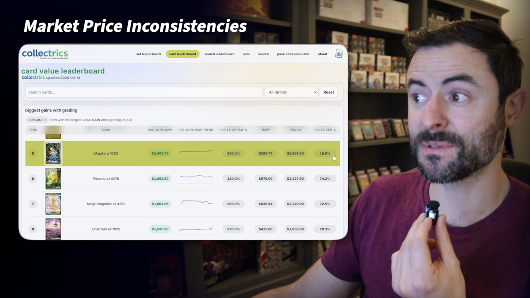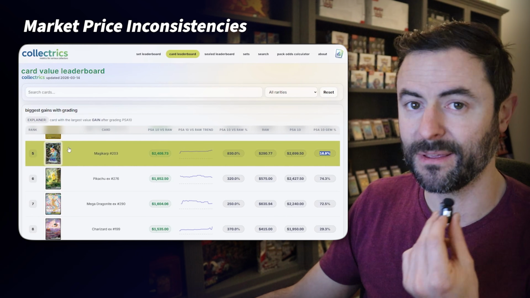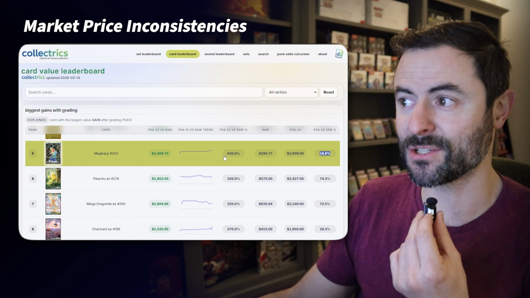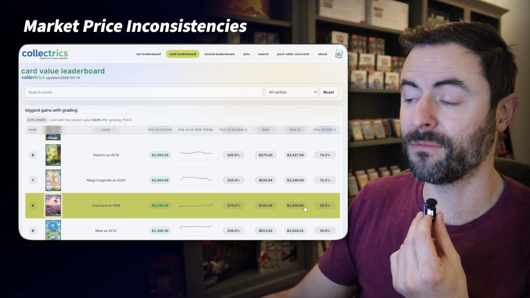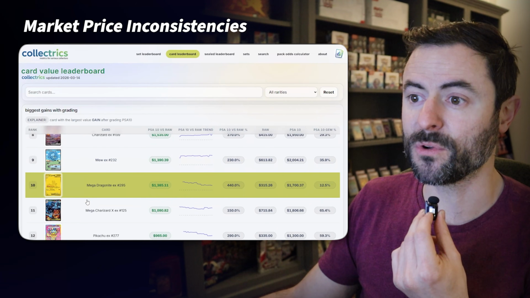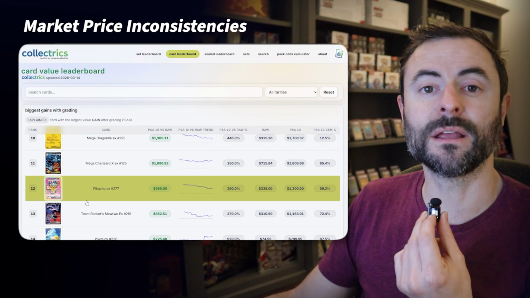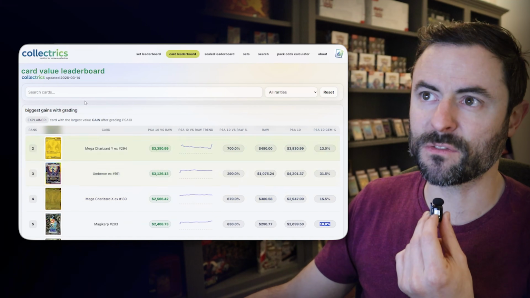You can see a lot of the time they have a really low gem rate. Case in point, this Magikarp, it's really well known that this has a low gem rate. But there are a lot of cards out there that are hiding under the radar, which you may not realize have a pretty good gem rate but a really high grading return. So that's what that's for.